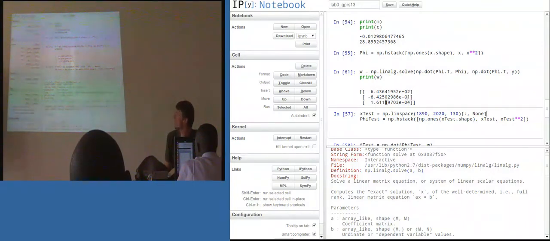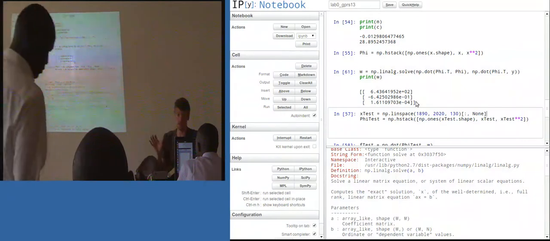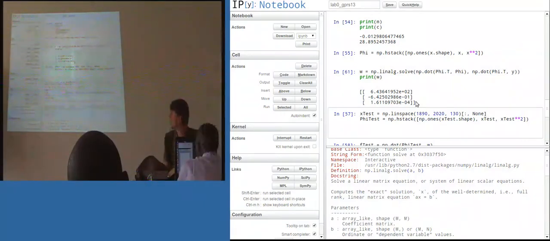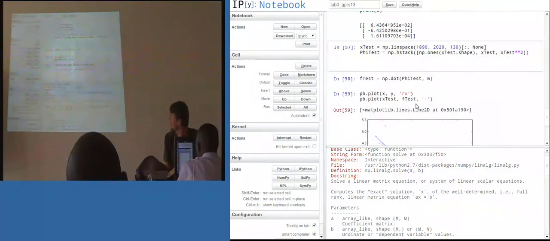And then there's a slight quadratic coefficient of 1.6 times 10 to the minus 4. Why is that small? Well, it's having to multiply 1980 squared. So in order for those results to come out around 4, it's having to multiply a small number by a squared thing.